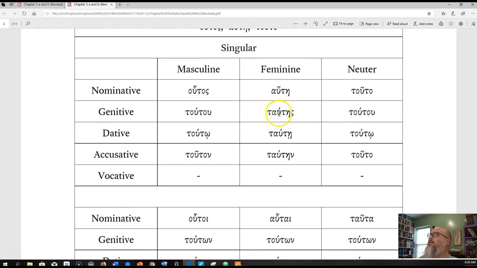So the only different one is the feminine, and instead of having hoütos or toutos, it has tau. And because the alphas and etas are typically related to the feminine declension, this is straightforward.